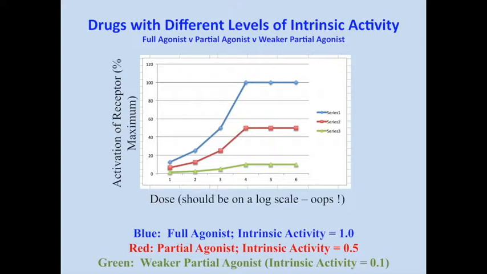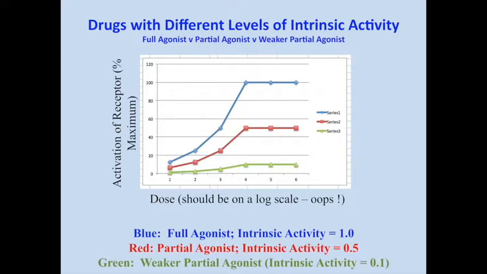If it is a partial agonist, maybe it's got an intrinsic activity of 0.5, you'll get a dose-related increase, but it'll stop at some level well below the 100%. In this case, the example, it stops at 50%. If it's an even weaker partial agonist, the one that's sort of greenish gold, you get a very, very weak effect, almost no effect.